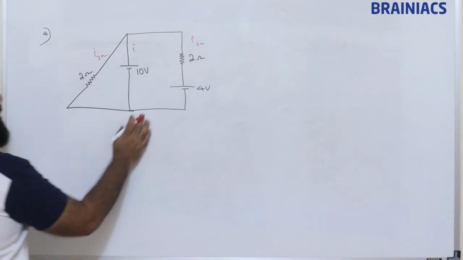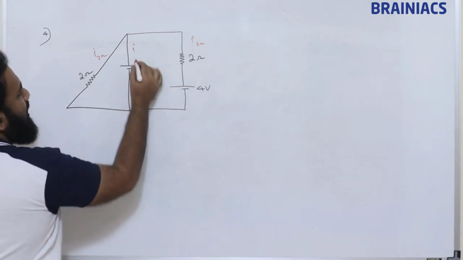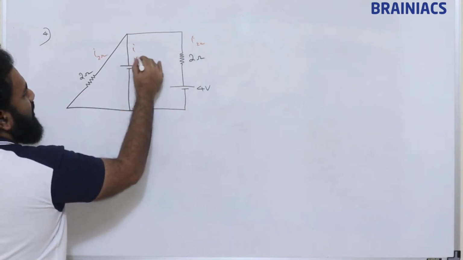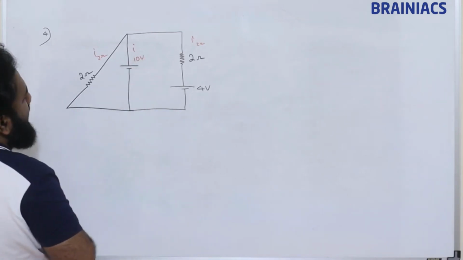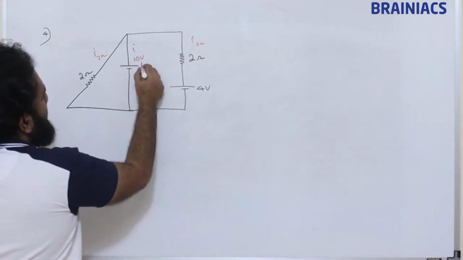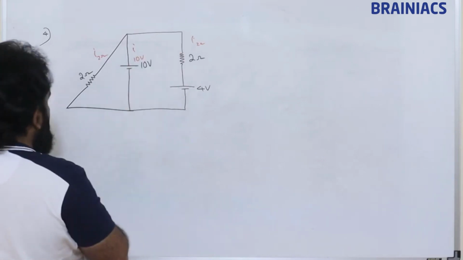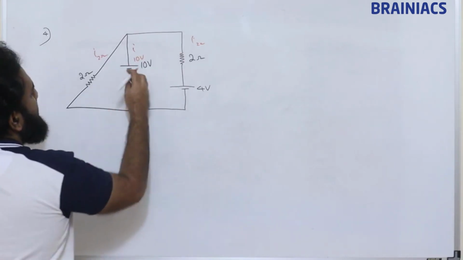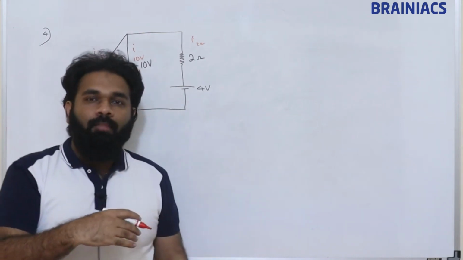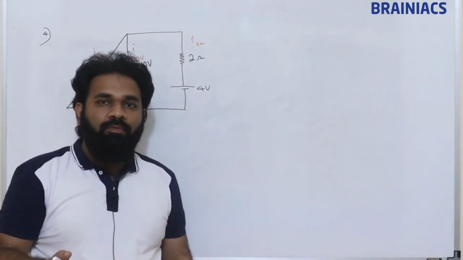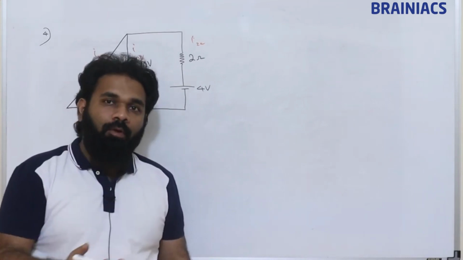Right. So look at this, students. Here this is 10 volt, already given as 10 volt. We can take this terminal as 10 volt and this terminal as 0 volt. We can consider 20, 10, 5, minus 5. In all these ways we can take, but why should we complicate the calculation?